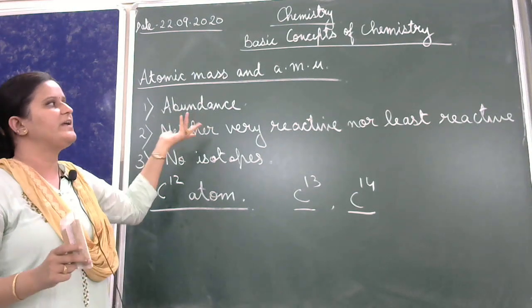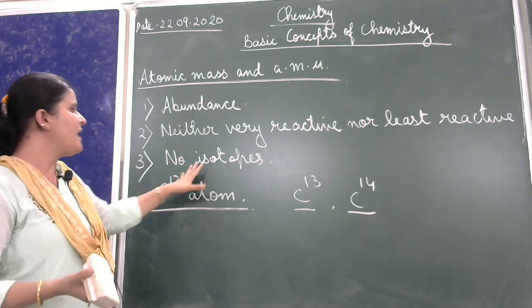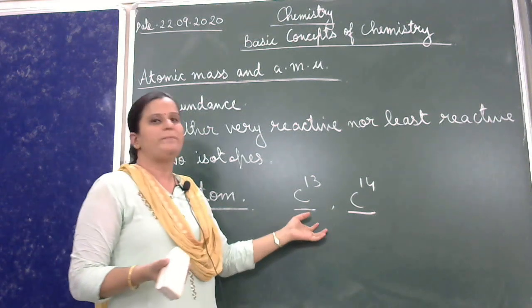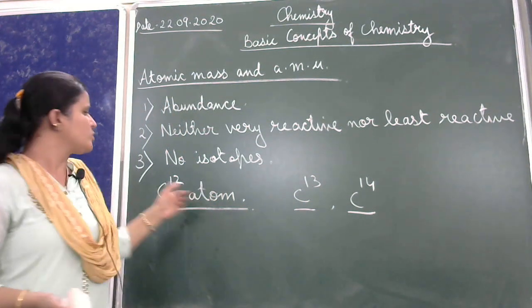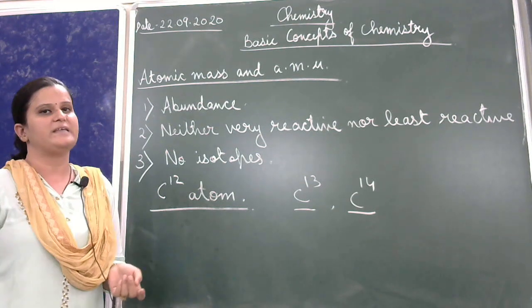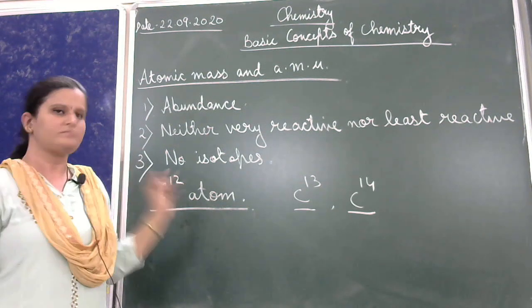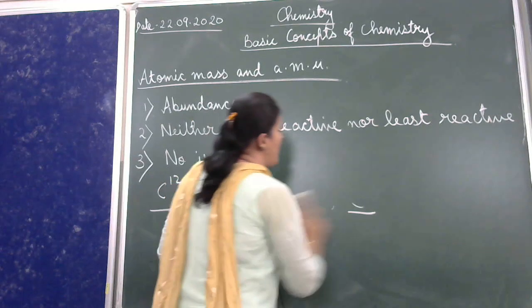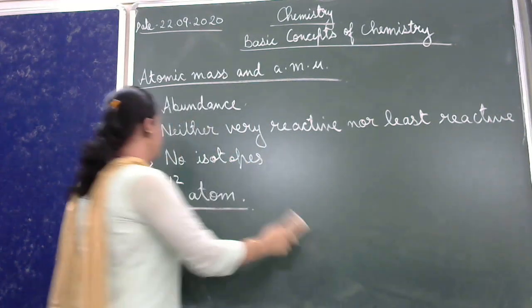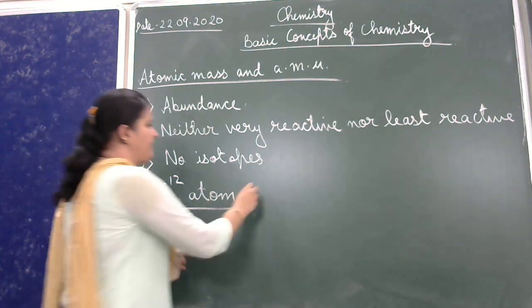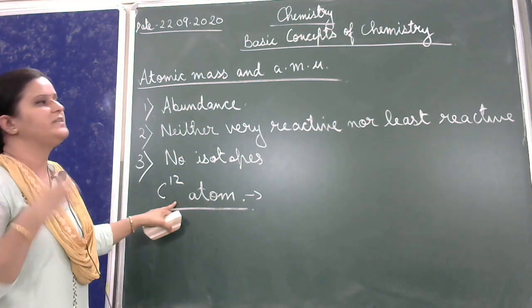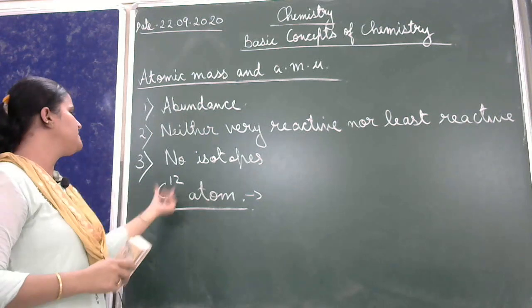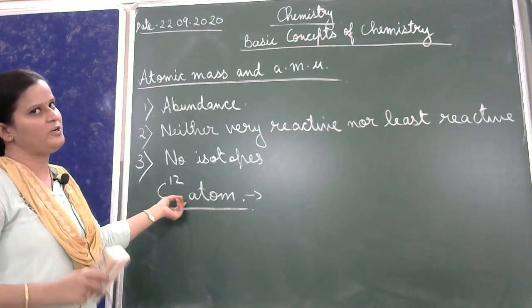It is neither very reactive nor least reactive, and though isotopes are present, their abundance is very less. So the carbon 12 atom was taken as the standard element, our reference with which we will measure the atomic mass of other elements.